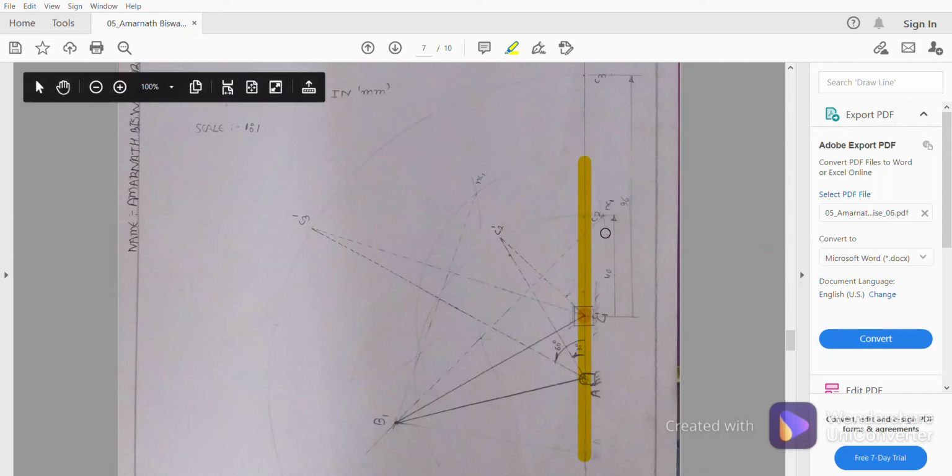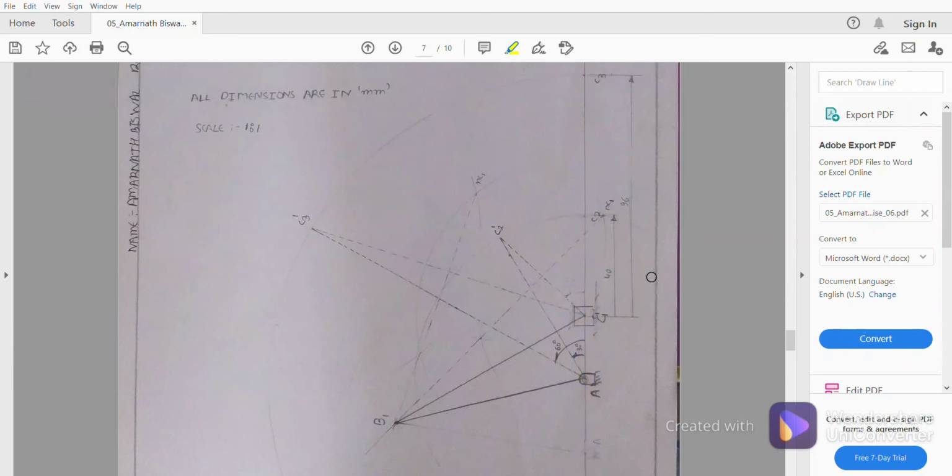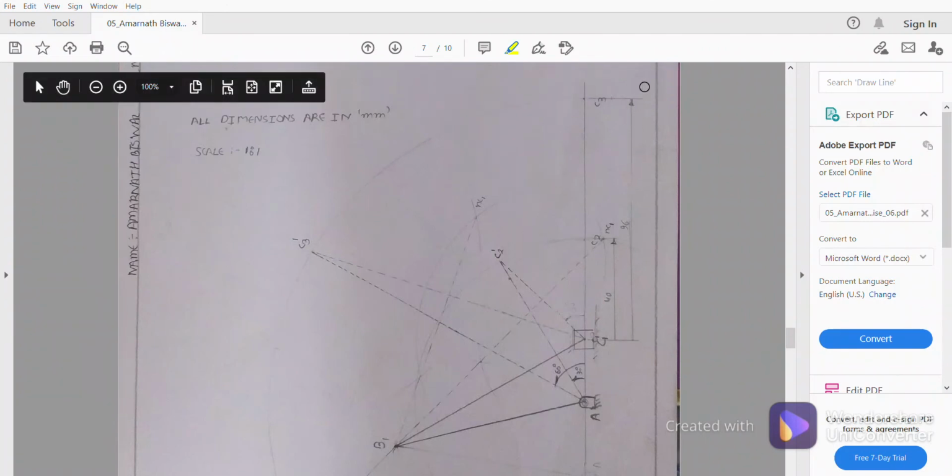So the eccentricity distance is 0. Here it is 0, but sometimes in a practical situation eccentricity needs to be provided.